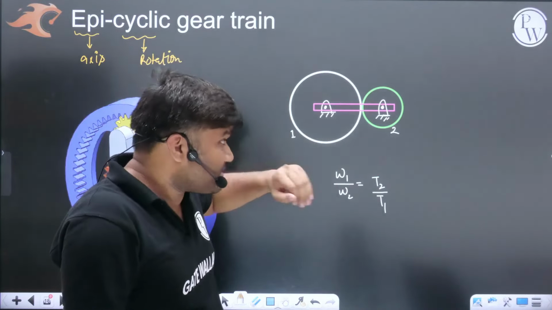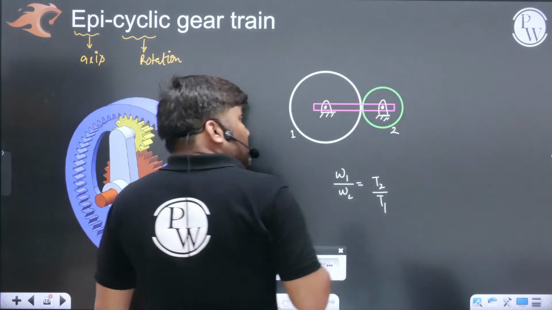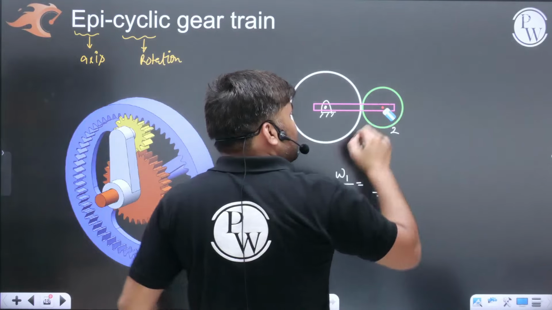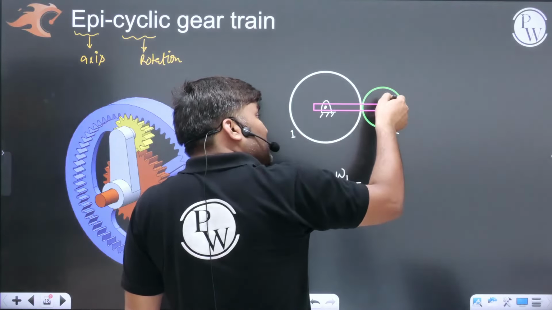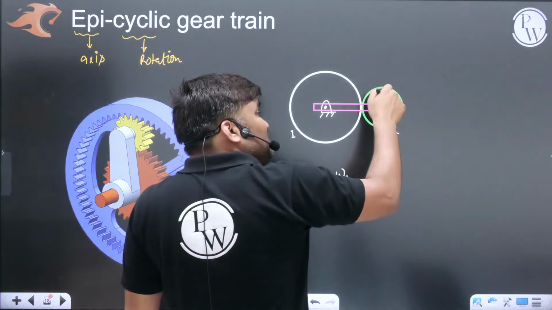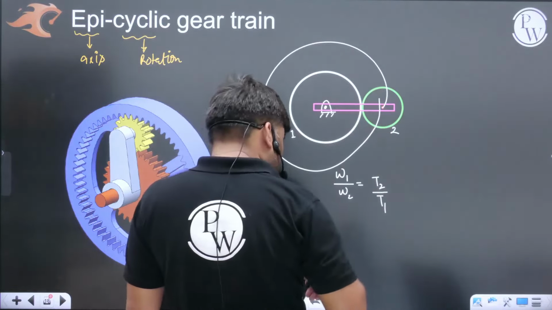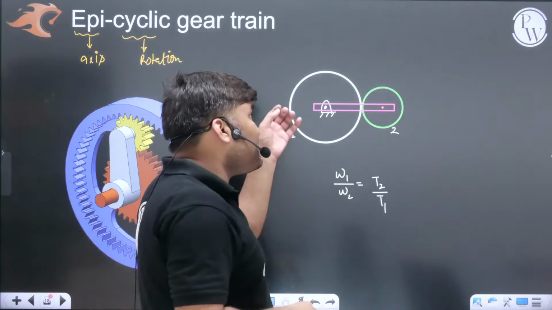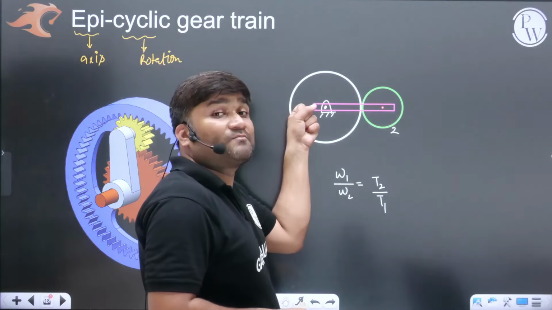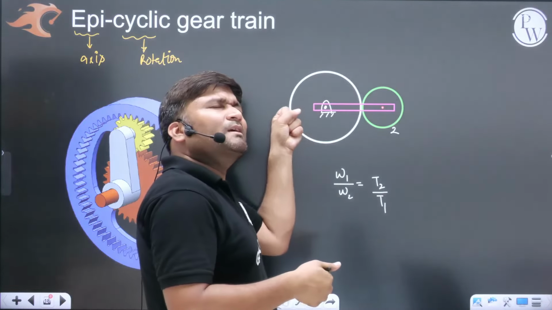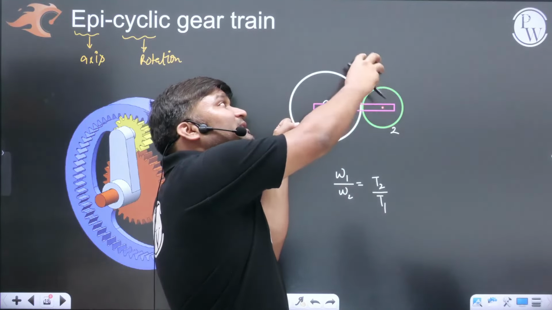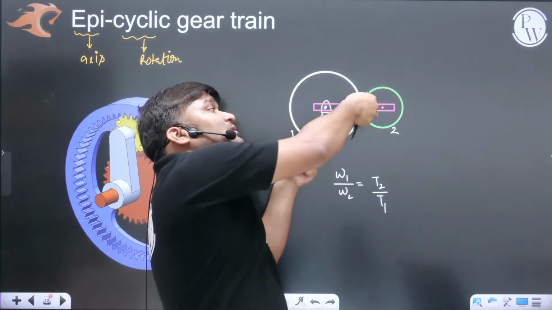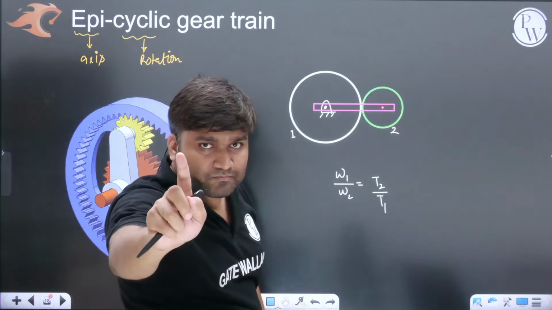But here, if I make my gear free, gear 2 can have revolution, rotation, as well as its axis can have motion. Now in this situation, even if I fix gear 1, imagine, even if I fix this, gear 2 can travel, it can have rotation and its axis can have motion.